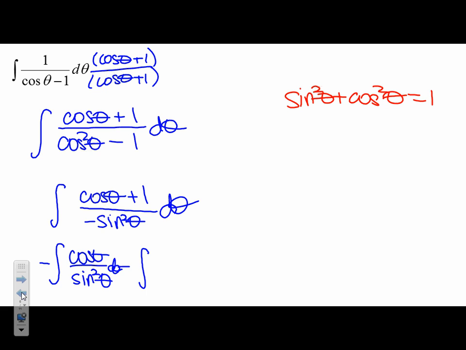And what is 1 over sine squared? So I'm just going to subtract cosecant squared, is that okay? Alright.